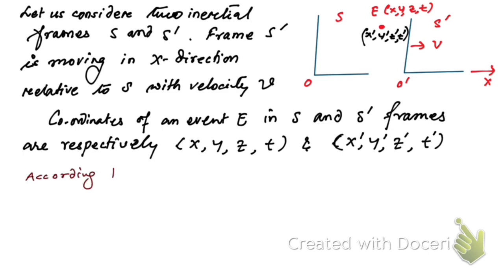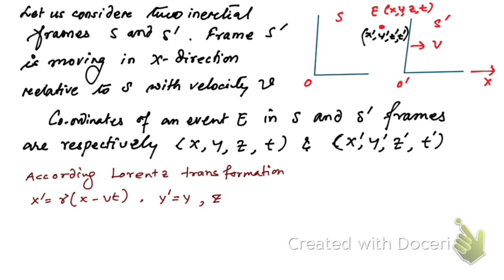Now, what were the Lorentz transformation equations? As it is moving along the x-axis, x dash is equal to gamma into (x minus v t), and y dash remains y because it is moving only in the x direction. z dash remains z, and t dash is equal to gamma into (t minus x v by c square).